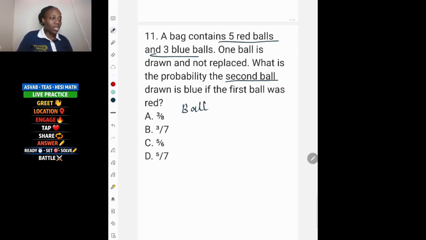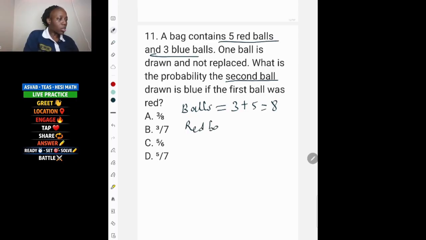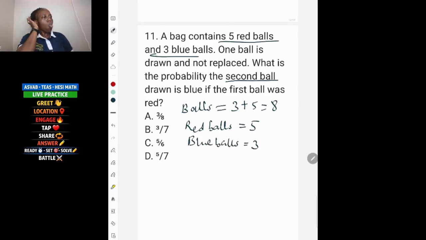We have 3 plus 5, that's 8 balls from the beginning. So I will write each of them. Red balls, that's 5. Then blue balls, 3. So 1 ball is drawn and not replaced.